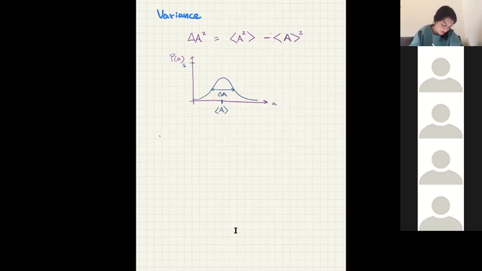We start with the variance of the momentum, and that's just going to be the average of p squared at time t minus the average of p at time t, squared.